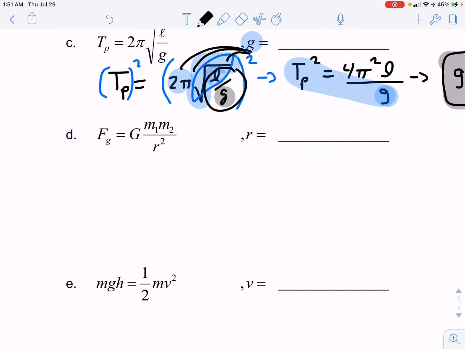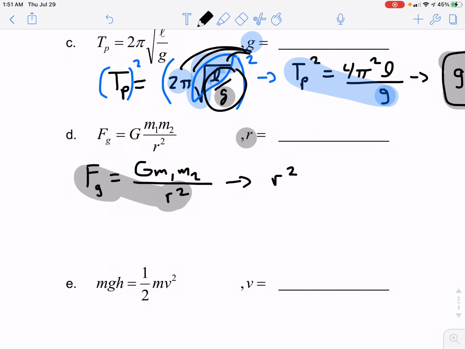Letter D, F sub G equals big G M1 M2 over R squared. Now, since we're solving for R and R is in the denominator, we're going to go ahead and begin this by simply switching out with the other side.